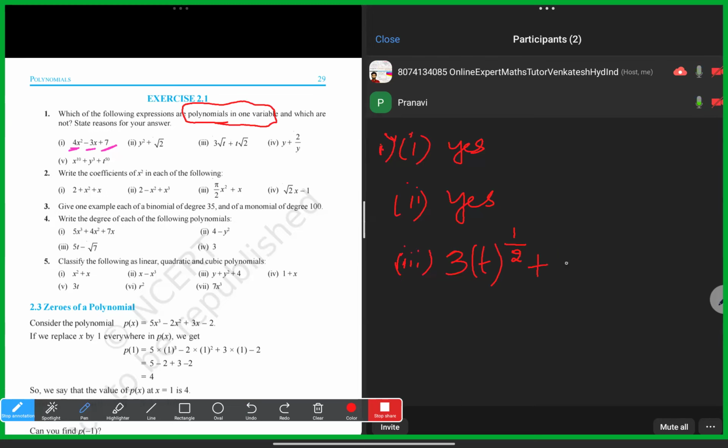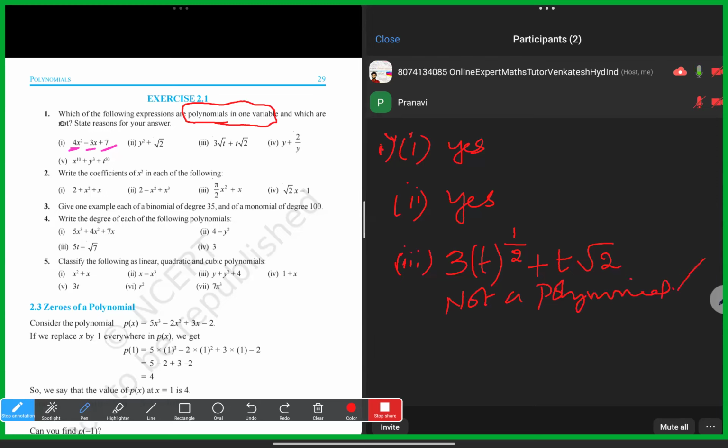Even though the other t has power 1 only, one more t has power 1 by 2. Okay, sir. So it's not a polynomial. Yes, Pranavi, because of the fractional power for the variable, even though one variable is there, it's not a polynomial.